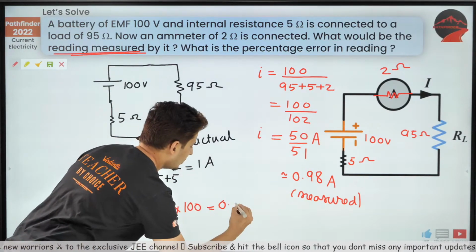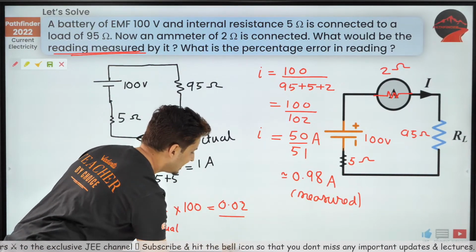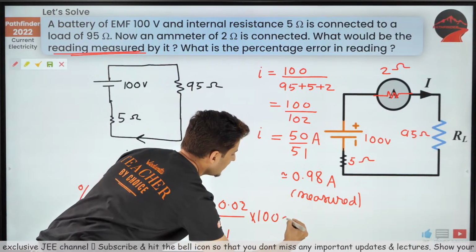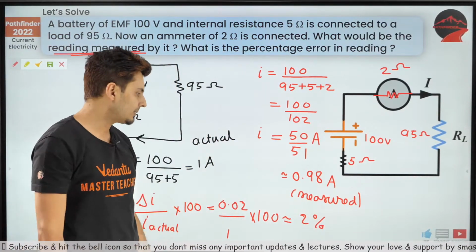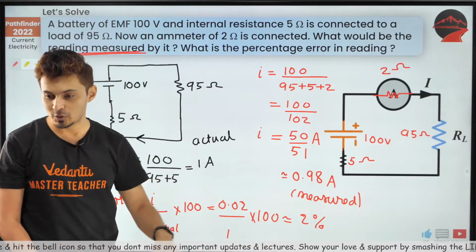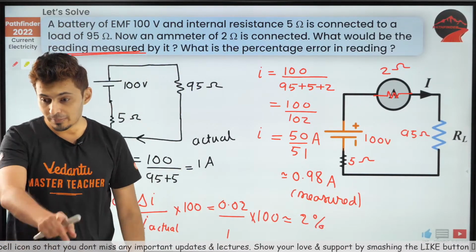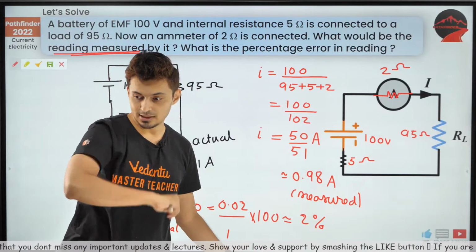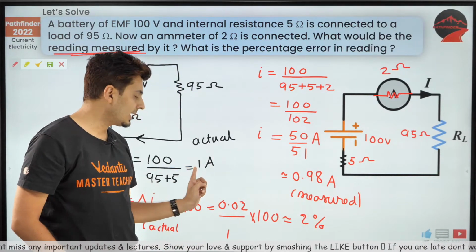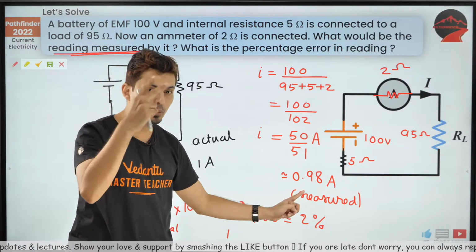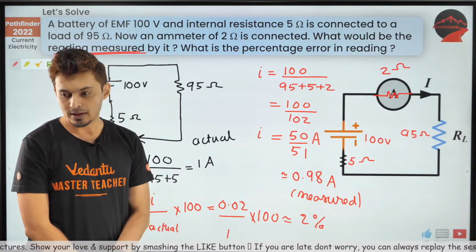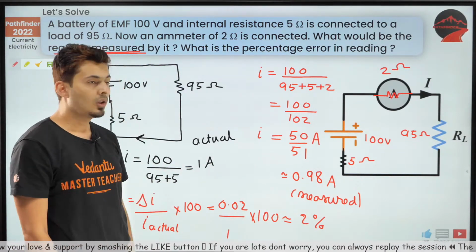So 0.02 into 100 is going to be approximately 2%, because even this answer was an approximate answer. Anyways, this is almost 2%. No, Ganesh, it's not 1%, it's 2%. You can see the actual current was 1 ampere. It changed by 0.02 ampere. So that's a 2% decrease. Yes, 2% error is there.